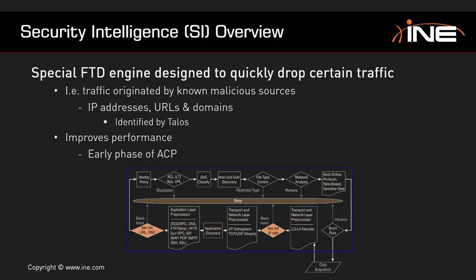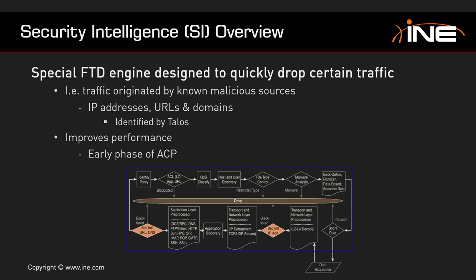So before Cisco releases a new signature, a new IPS update, they will push the information to the security intelligence database, and assuming that the updated SI feed, you will eventually learn about this malicious source, and this way be able to drop the traffic.